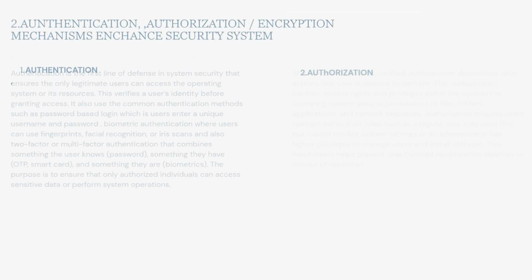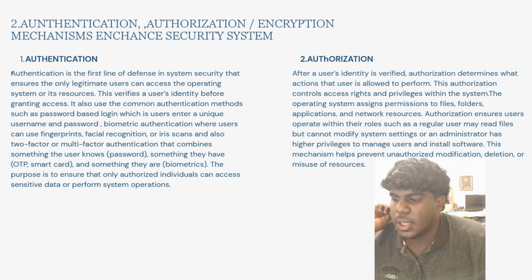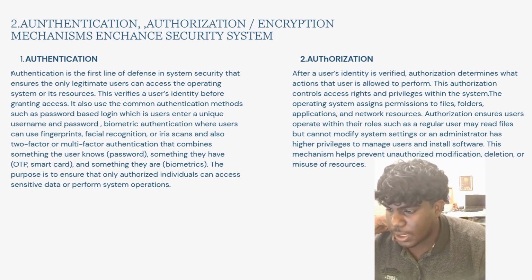Okay, next is authentication, authorization, and encryption mechanism, enhanced security system. Firstly, authentication. Authentication is the first line of defense in system security that ensures that only legitimate users can access the operating system or its resources. This verifies a user's identity before granting access.